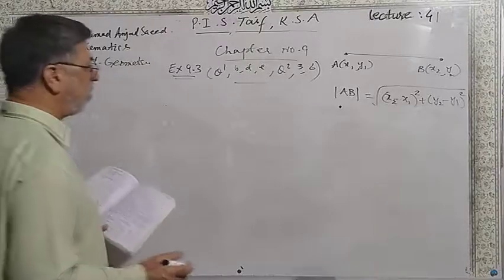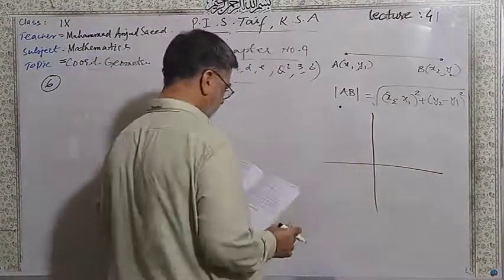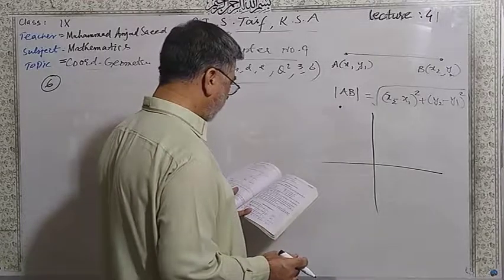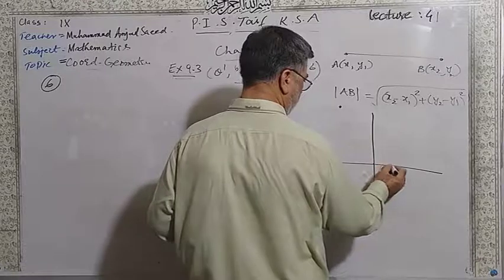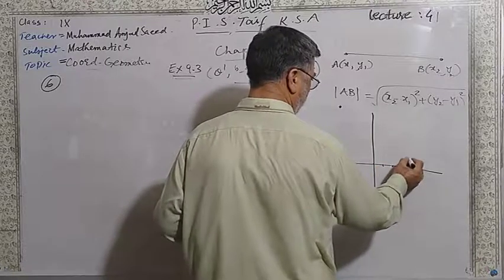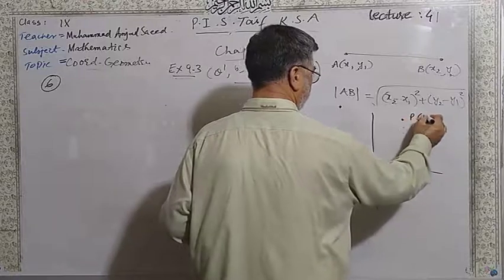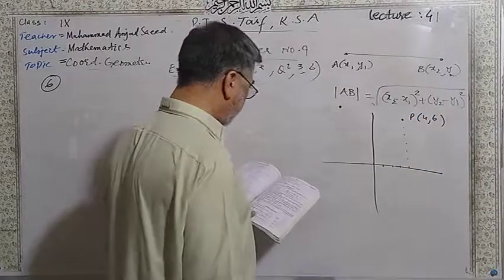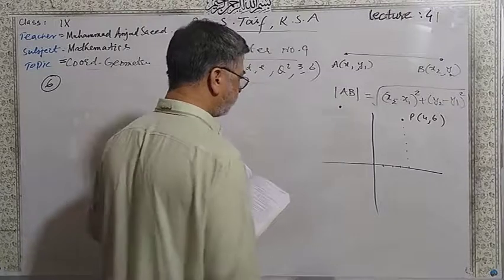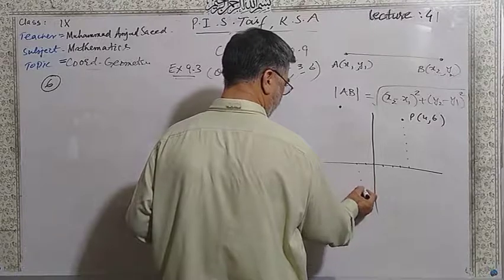First of all, we will draw the rough sketch of this figure. P is (4, 6). This is the origin, 1, 2, 3, 4, and 1, 2, 3, 4, 5 and 6. P is (4, 6). Next is Q, (-2, -4): minus 1, 2, 3 and 4.